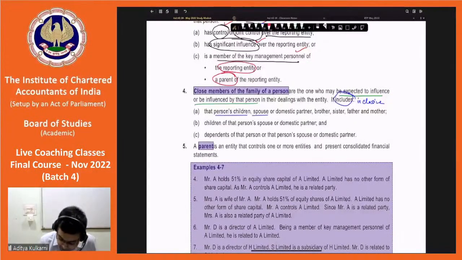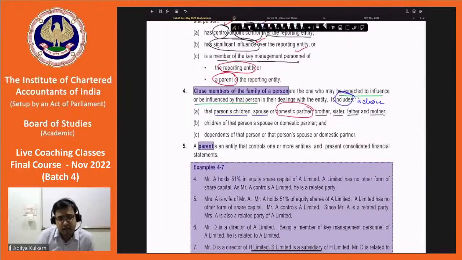For the time being, I will just avoid this. Mukesh Ambani's brother, Anil Ambani, sister शायद है नहीं उनका. He was influenced by his father, Dhirubhai Ambani, as well as his mother, Kokilaben Ambani. So all these have an influence on the person.